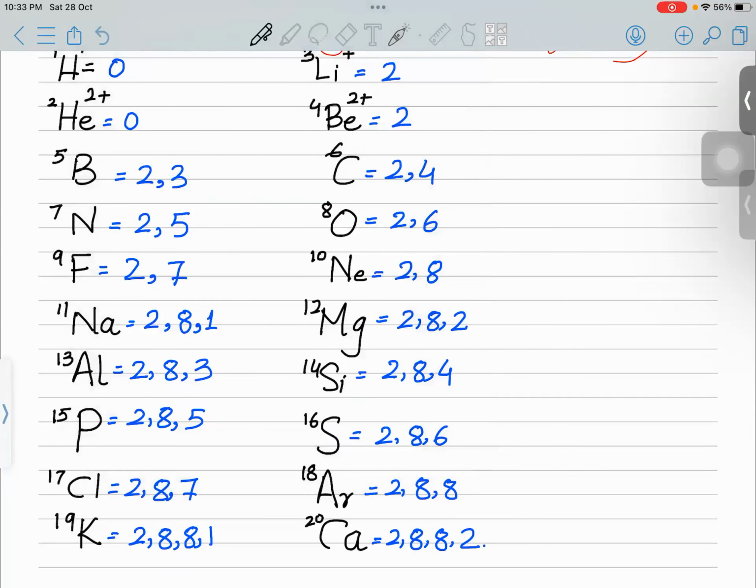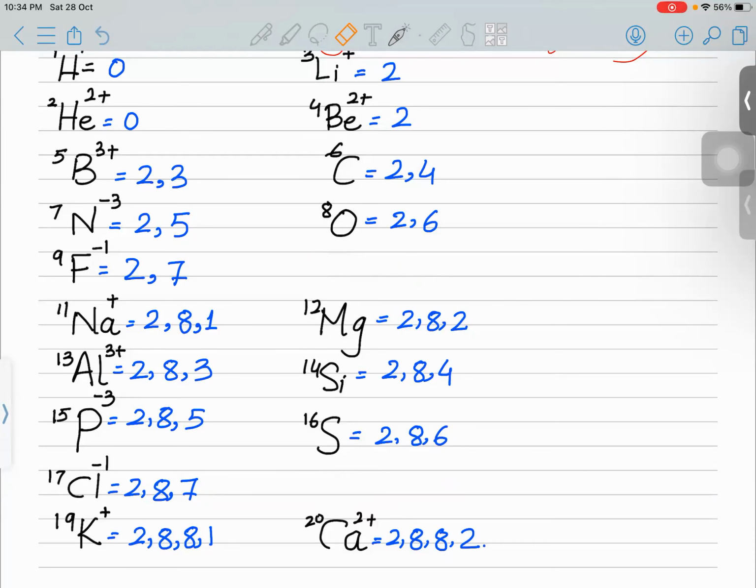Now boron is 3 plus. Nitrogen is -3. Fluorine is -1. Sodium is +1. Aluminium is +3. Phosphorus is -3. Chlorine is -1. Potassium is +1. Calcium is 2 plus. Argon has no charge, argon is stable.